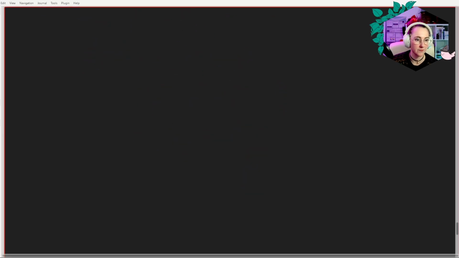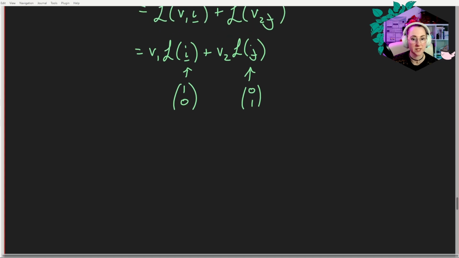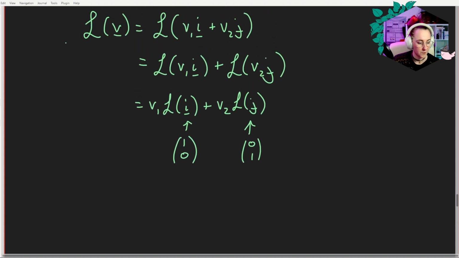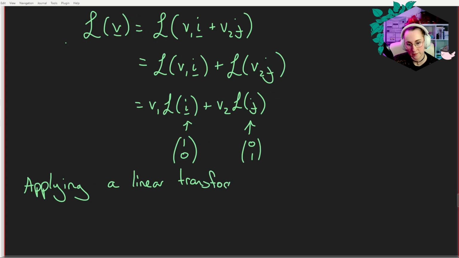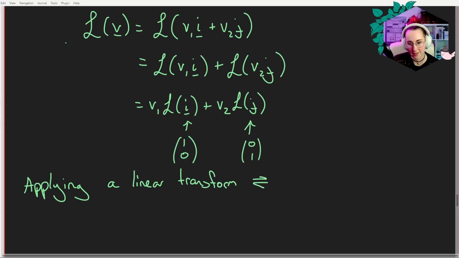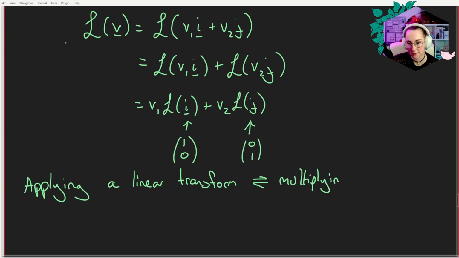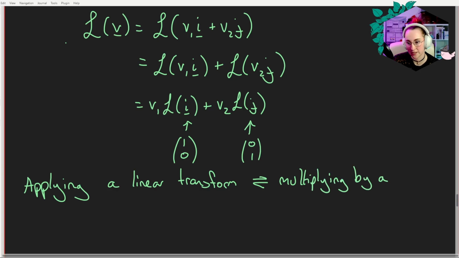So I claim that applying a linear transform is exactly the same as multiplying by a matrix.